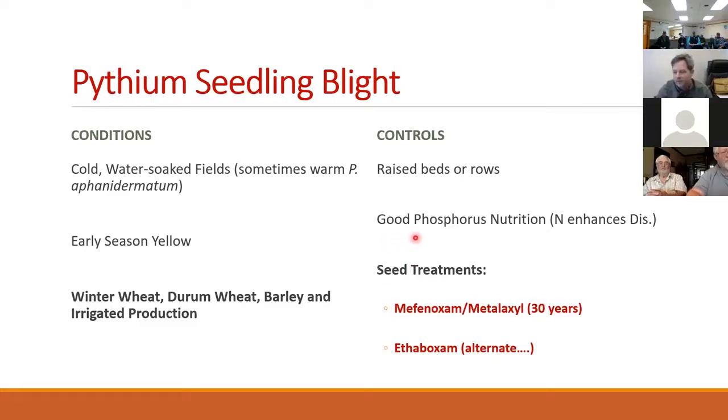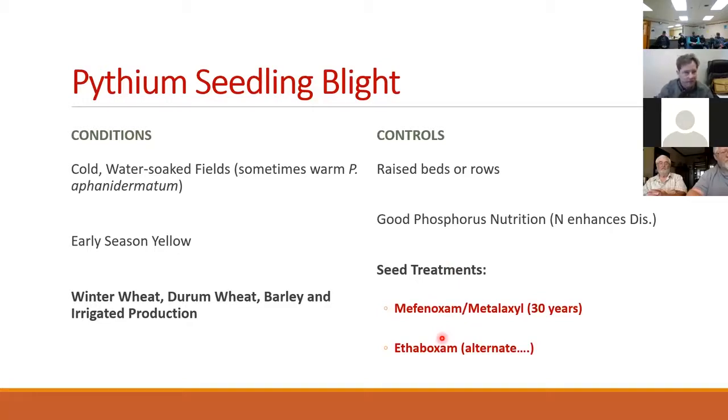And for you guys, something to watch out for: phosphorus nutrition for all these seedling diseases. Make certain you have good phosphorus, not over phosphorus nutrition, but good phosphorus nutrition is really good for managing seedling diseases.